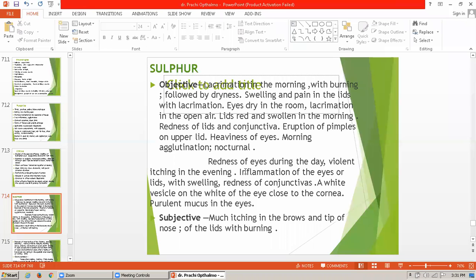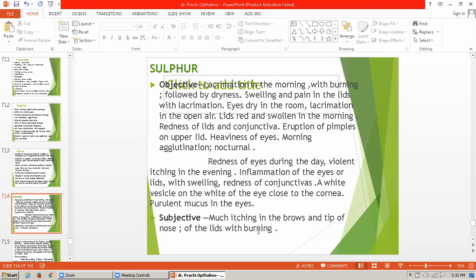Then there is redness of the eyes during the day with violent itching in the evening, and inflammation of the eyes or lids with sweat. There is redness of the conjunctiva, a white vesicle on the white of the eye close to the cornea. Purulent mucus in the eyes.